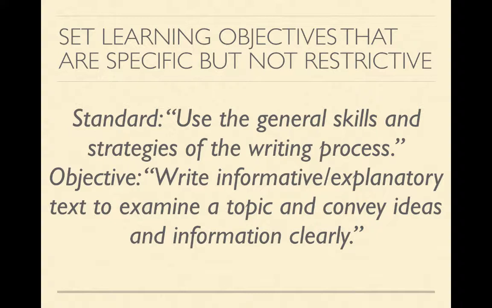But that is too general. You might instead have an objective that takes that and makes it more specific. For example, write informative or explanatory text to examine a topic and convey ideas and information clearly. The lesson or lessons that you teach then builds towards students being able to do that benchmark or that objective.